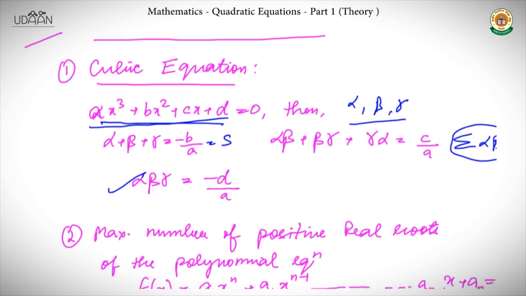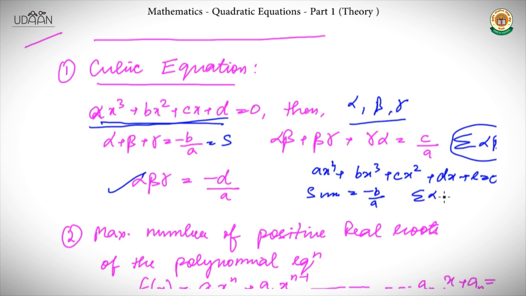Yeah, and we can generalize these formulae for any power, as in any order of equation. Like for, let's say, an equation with the maximum power 4, which is a biquadratic equation. The sum of roots will be minus b by a. The sum of the product of roots taken 2 at a time, that is sigma alpha beta, will be c by a.